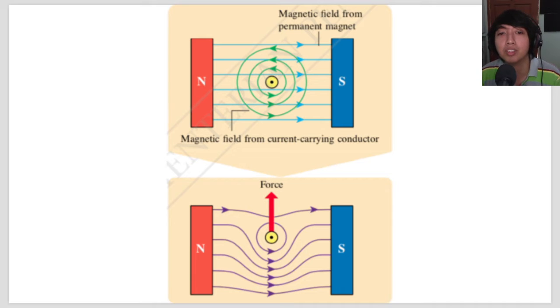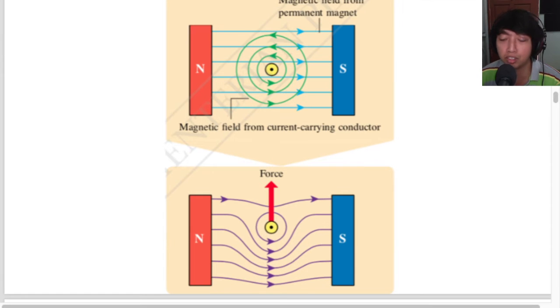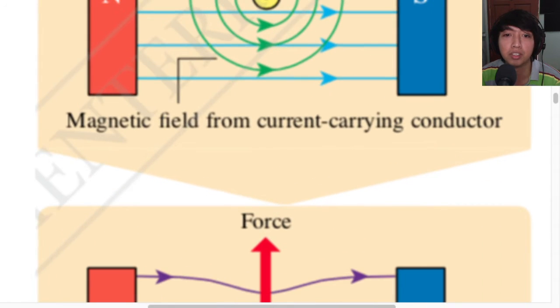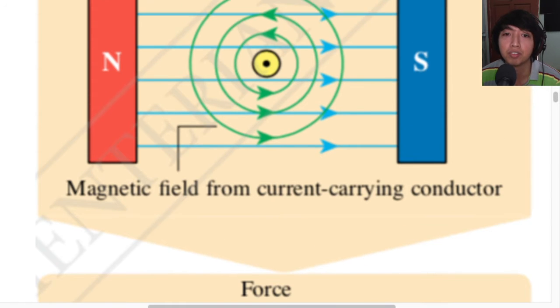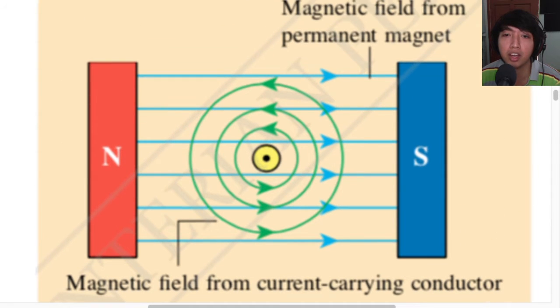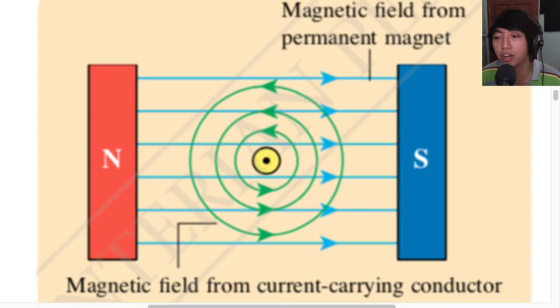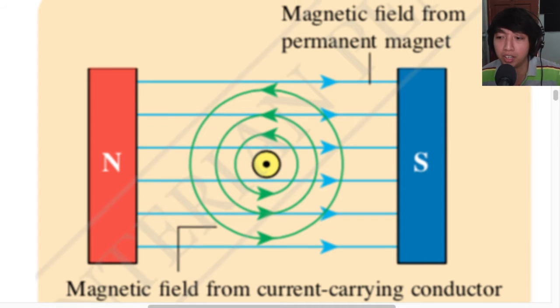Let's take a look at it. Let me zoom into this picture just a bit. And then let's try to understand what exactly is happening here. In this diagram, we have north and south.